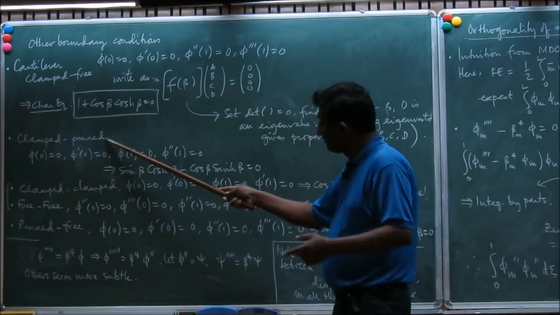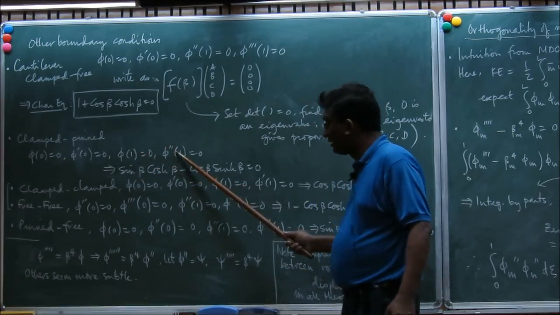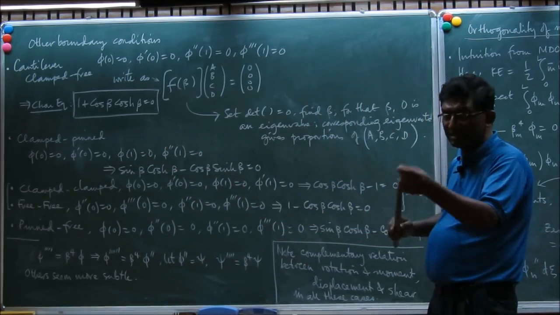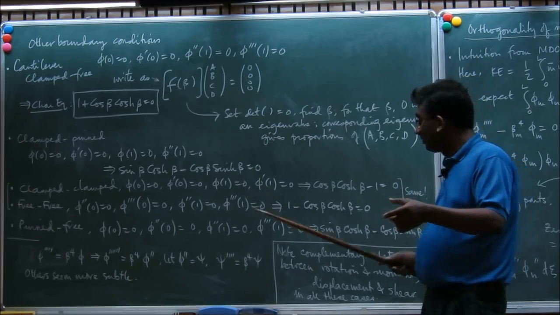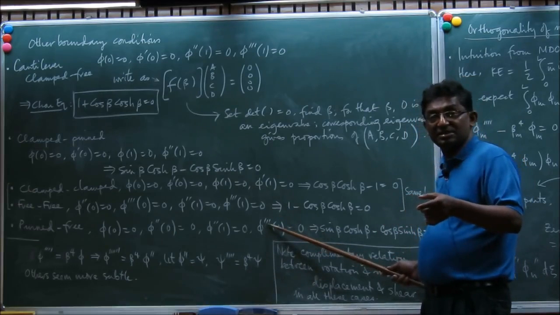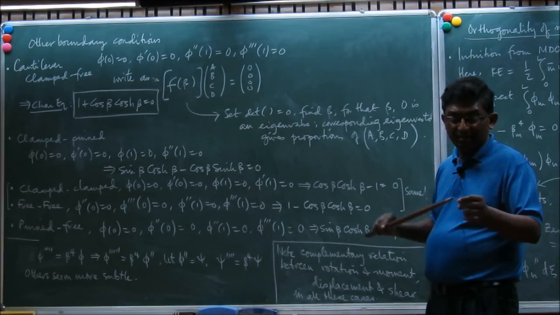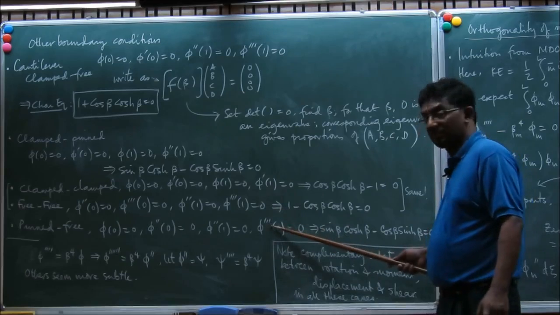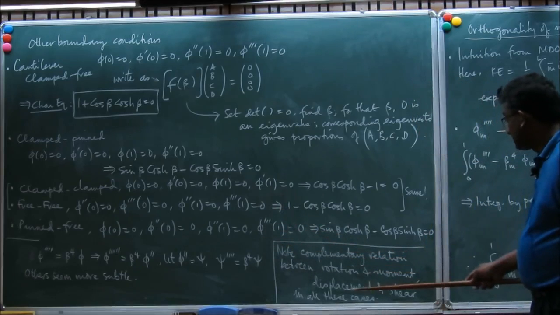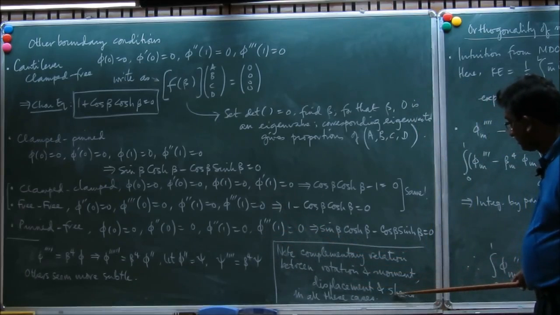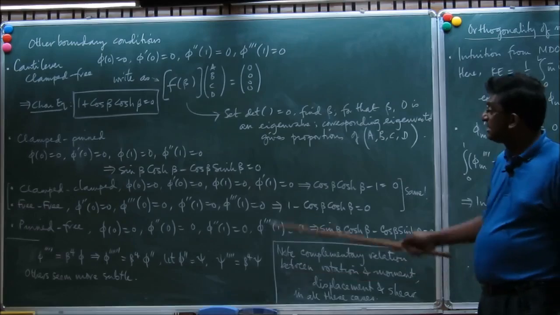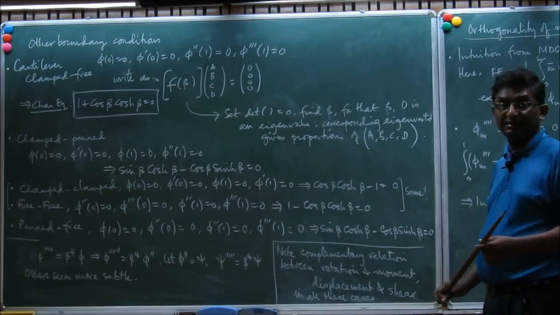The rotation can be anything, therefore the moment is 0. In this way, wherever we constrain the displacement, there we don't constrain the shear to be 0. Where we don't constrain the displacement, there the shear is 0. So either the displacement is 0 or the shear is 0, and either the rotation is 0 or the moment is 0. These are the simple cases that we have studied.